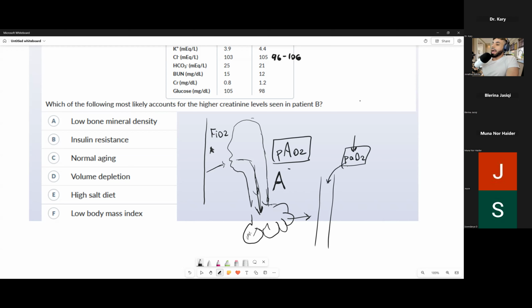The act of getting this from the alveolar into the bloodstream is called gas exchange, that's called perfusion. The idea of getting oxygen from the atmosphere into the alveolar system is called ventilation.